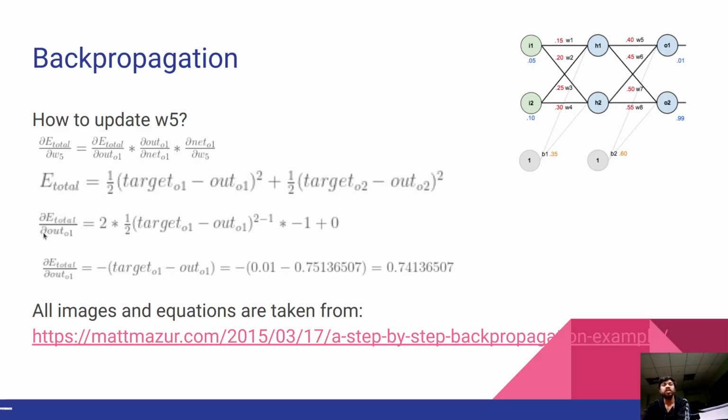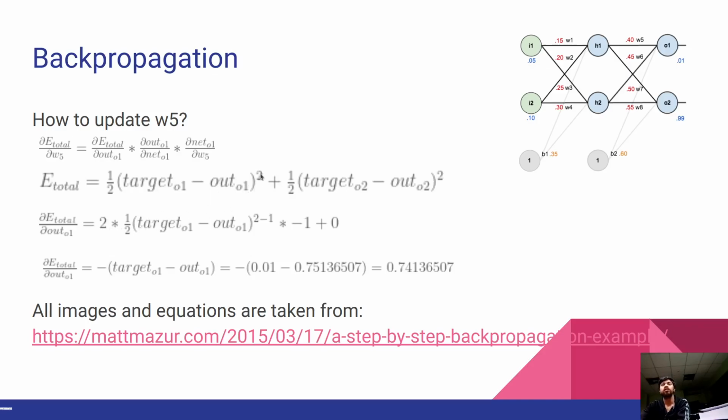If we take the derivative with respect to out O1, this part is not a function of out O1, so this will be 0. This one is a function of out O1, right. So what we will do, this will come here.